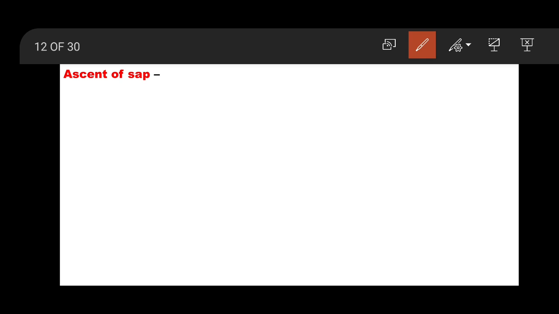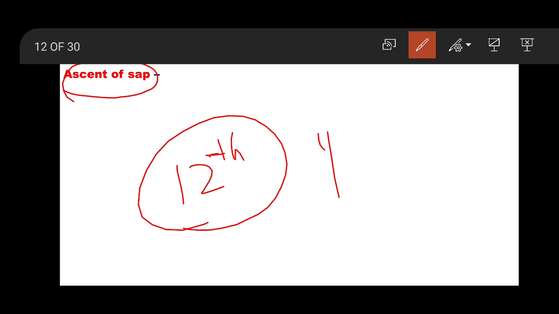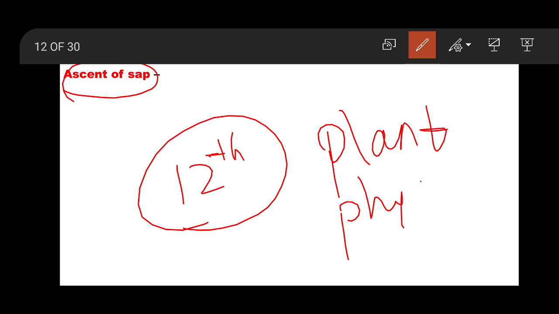Ascent of sap. You might have studied this topic in your previous classes, like 12th class. In the 12th class, this topic is included under the plant physiology unit.